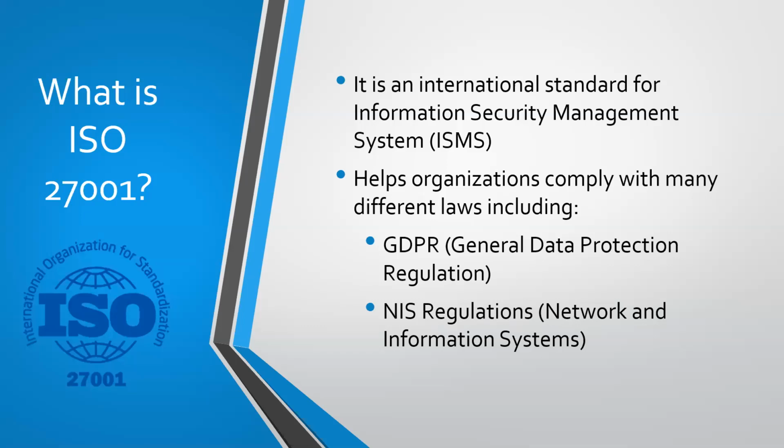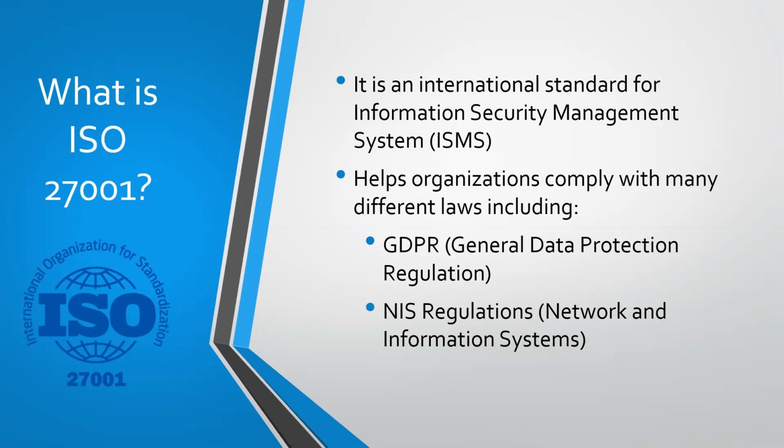So ISO 27001 was published in October 2005. The ISO and the IEC, which is the International Electrotechnical Commission, have developed ISO 27001 to provide guidance for organizations to comply with laws, including the GDPR and the NIS regulations.